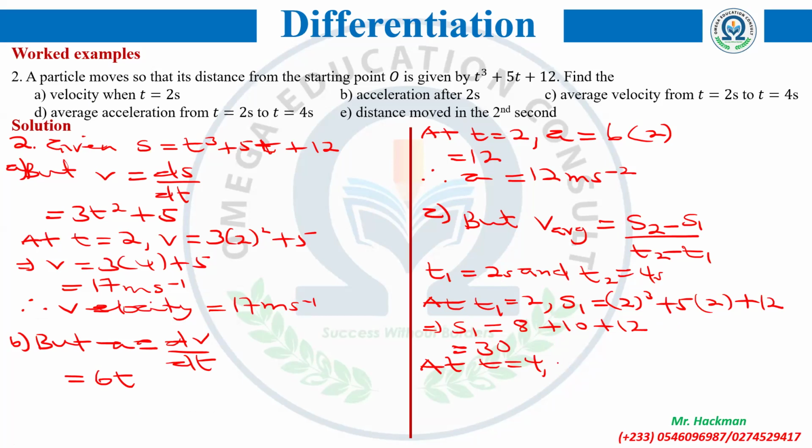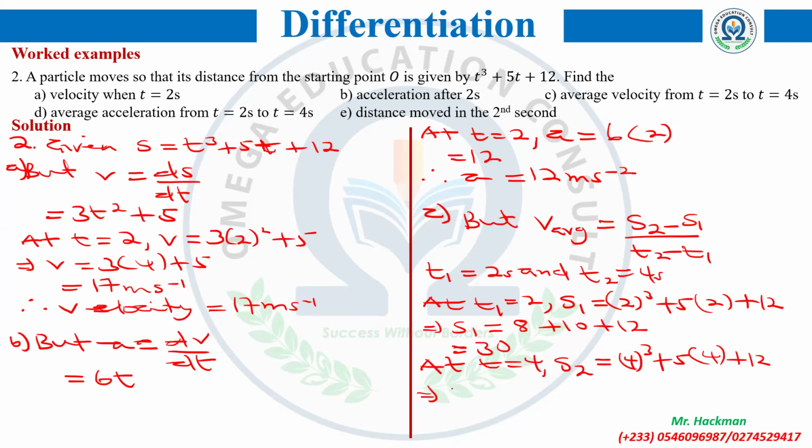So that will give us S sub 2, and that will be equal to 4 cube plus 5 into 4. My professors, I hope you are following. Then plus 12. So what would that give us?